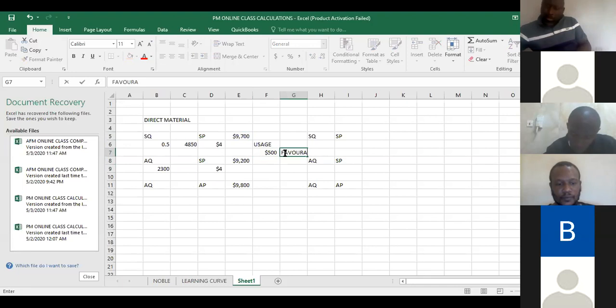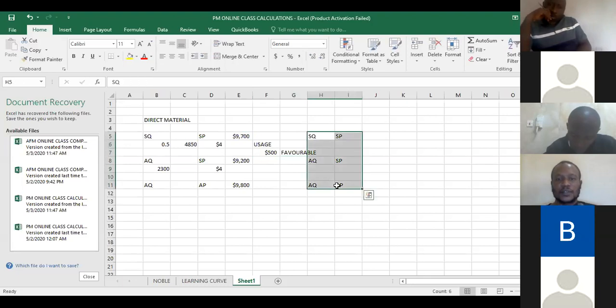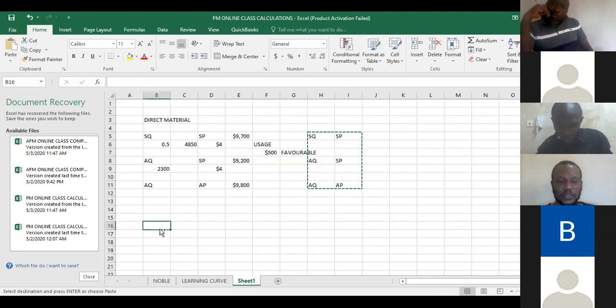Leaving it as positive and negative is not answering the question for variance. You have to write whether it's favorable or adverse. So let me put them separately. Therefore, I have my usage variance as this.